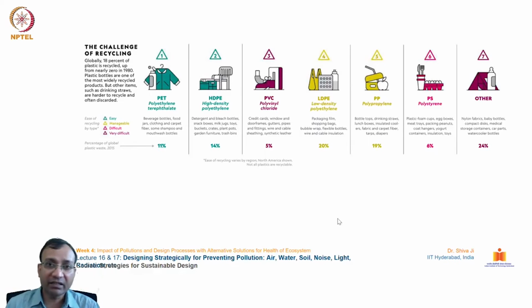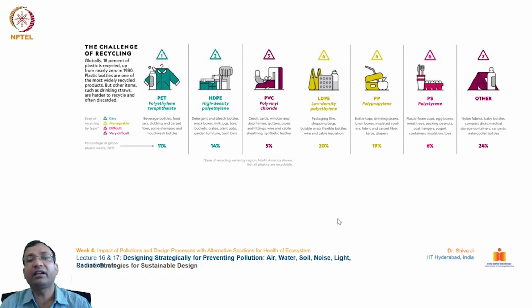Then we have PS, polystyrene. This is also a very hard plastic which we usually use for plastic cups, egg boxes, meat trays, and hangers. There are several types of insulating materials we make from this material. This forms 6% of that bulk.